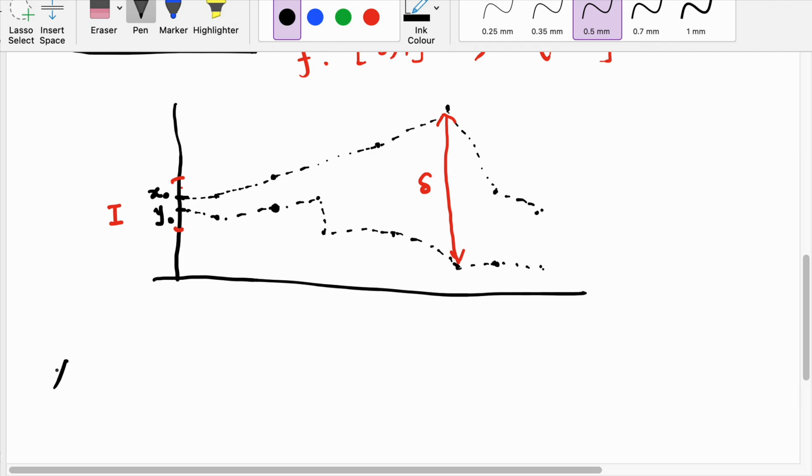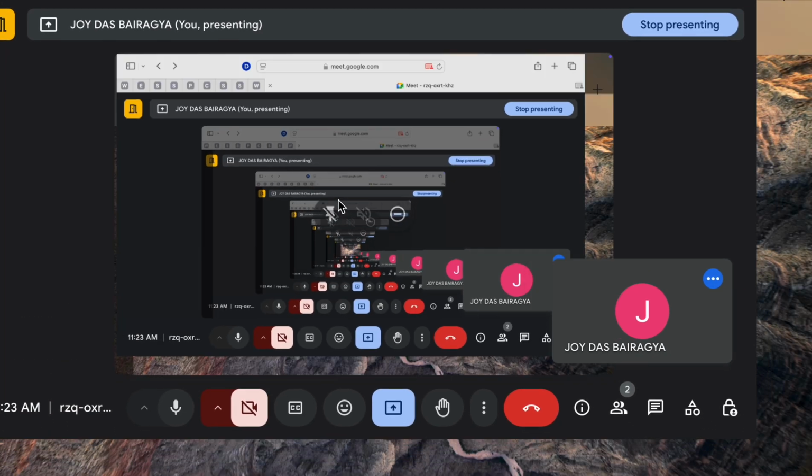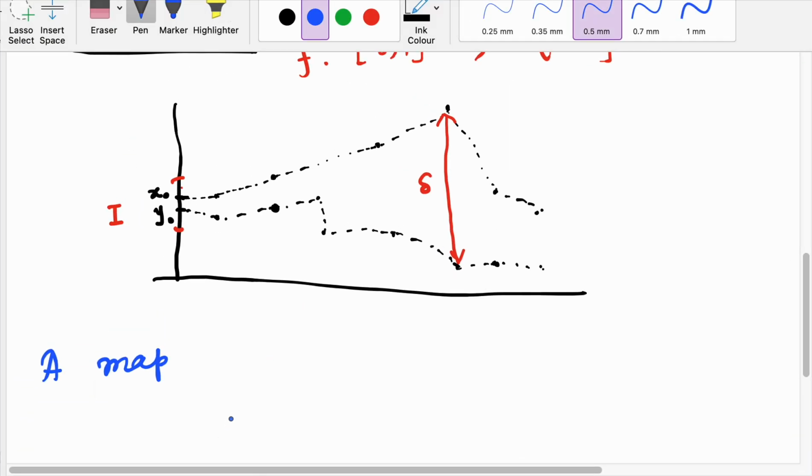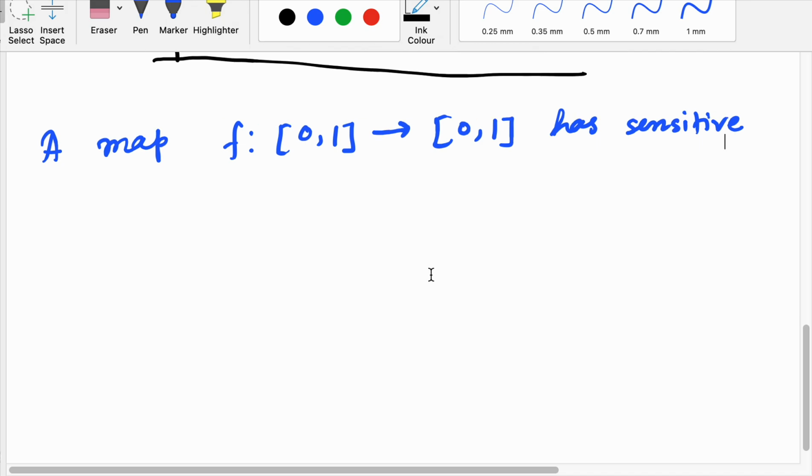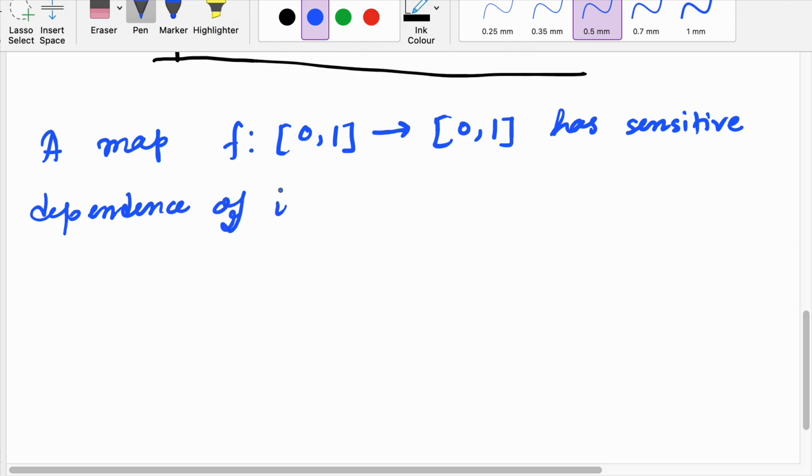A map from 0 comma 1 into 0 comma 1 has sensitive dependence at a point x0.